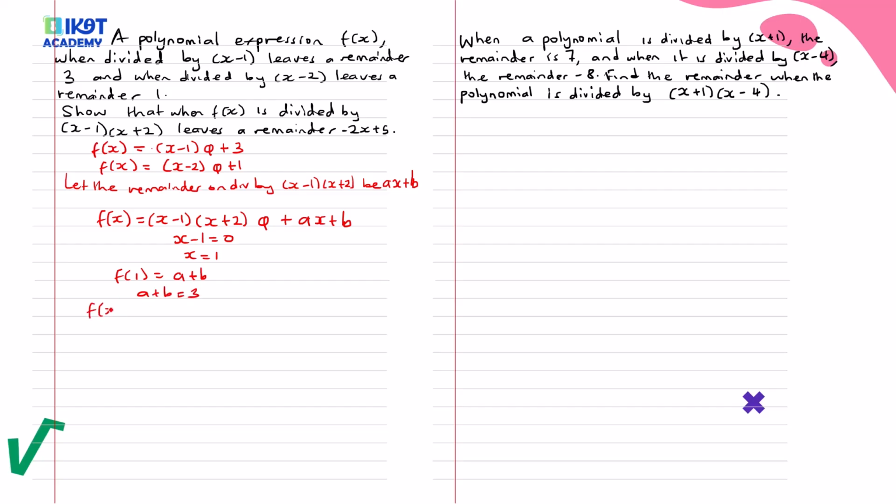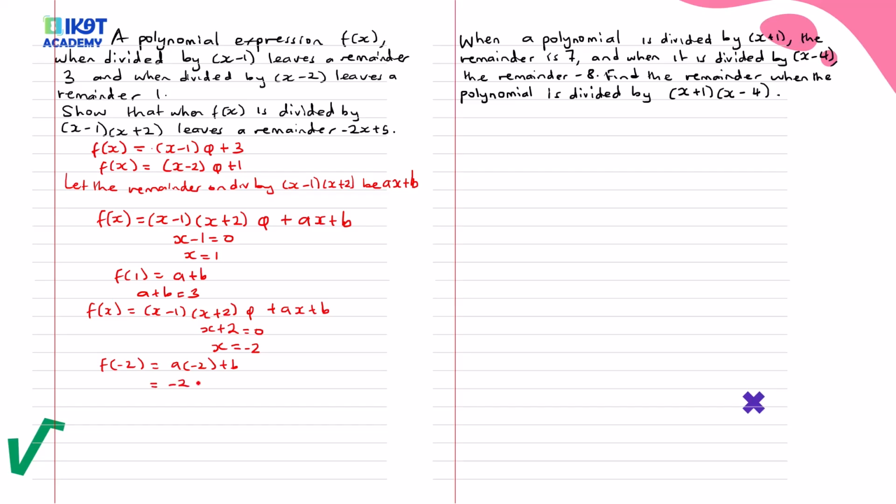Then we again repeat f of x is equal to x minus 1, x plus 2, q plus ax plus b. This time we say x plus 2, we equate this to 0. So we have x is equal to negative 2. So f of negative 2, this is 0, and then here we have a into negative 2 plus b.